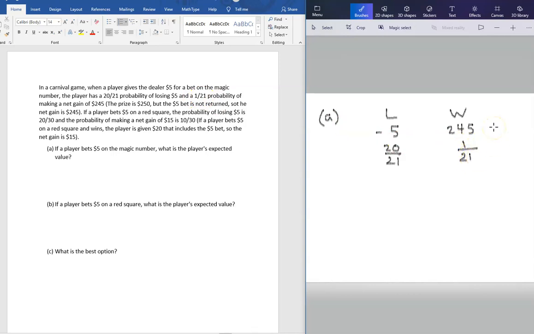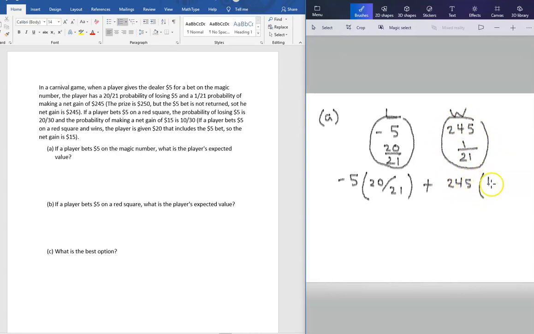So that all I really have to do to calculate the expected value, which is what part A is asking about, is I'm going to take the value and multiply it by its probability. So multiply it by 20/21. Then add, because that's part of the expected value formula, the next amount of money times its probability.